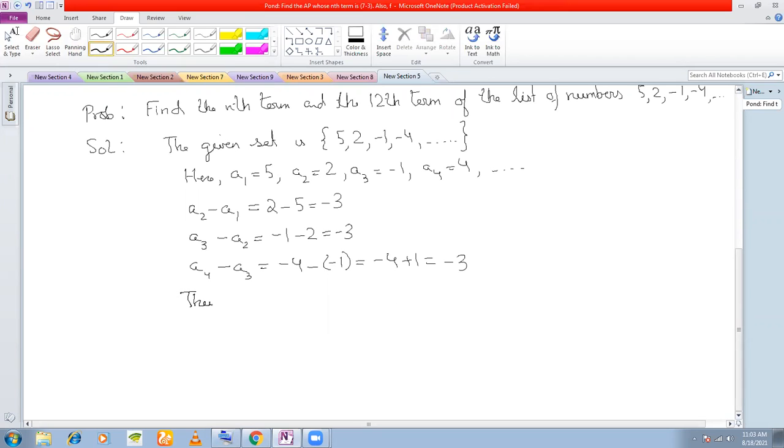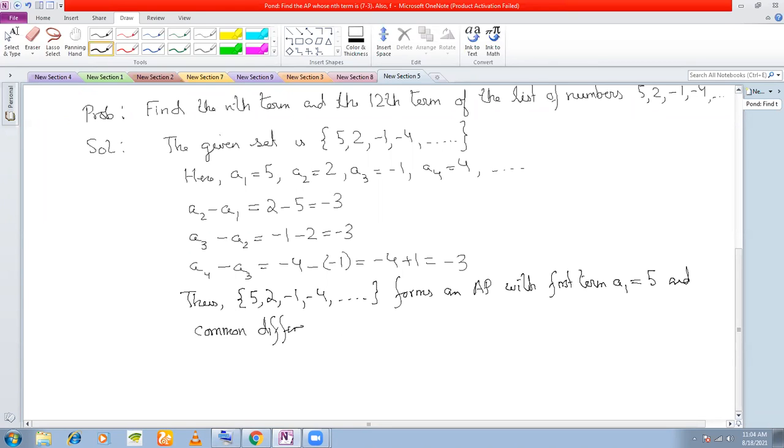So thus, this set forms an AP with first term A1 is equal to 5 and common difference D is equal to minus 3.